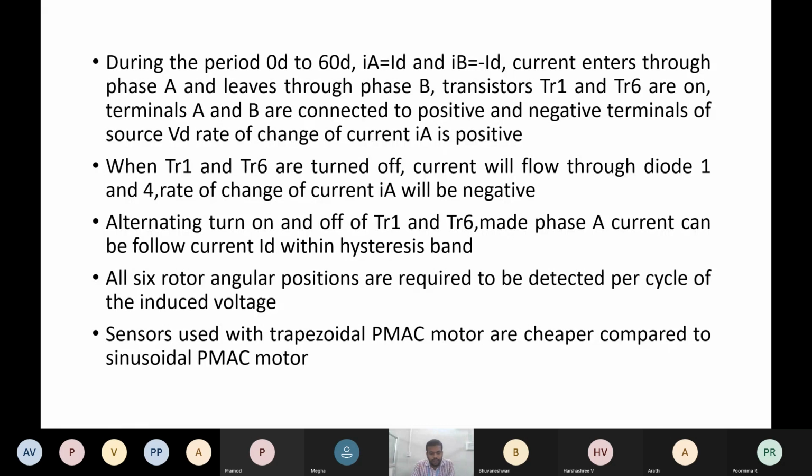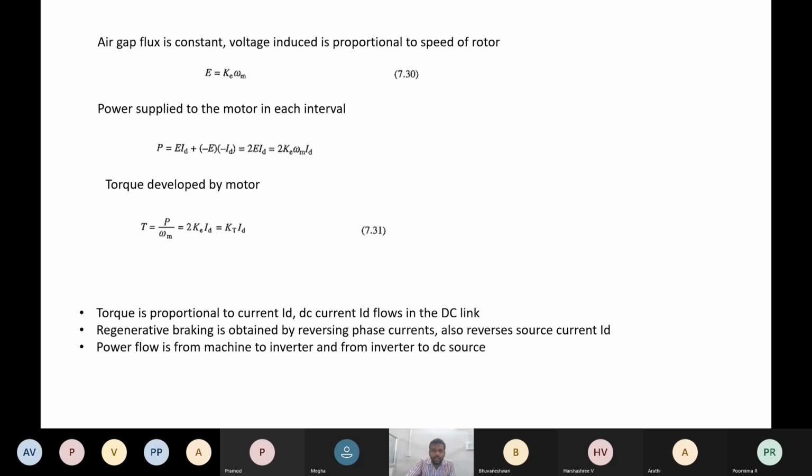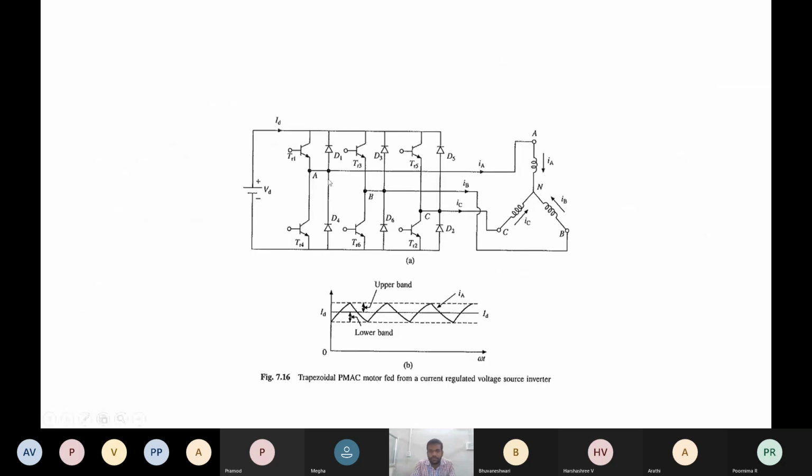And here we have 6 rotor angular positions. 6 rotor angular positions are required to be detected per cycle. For each rotor position we need a thyristor, so 3 upper and 3 lower, total 6.